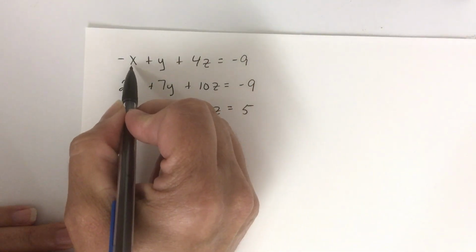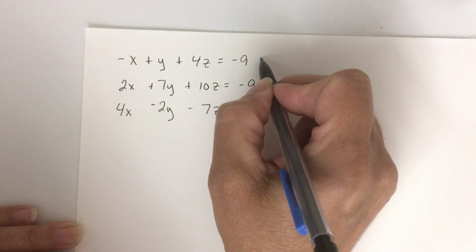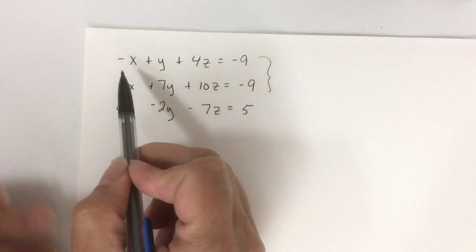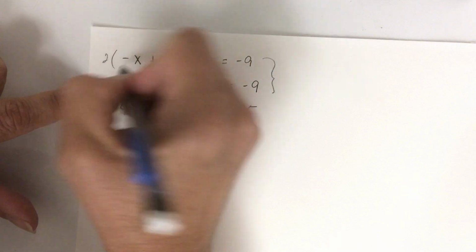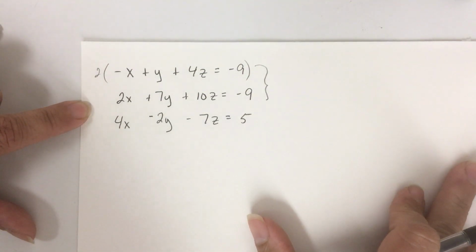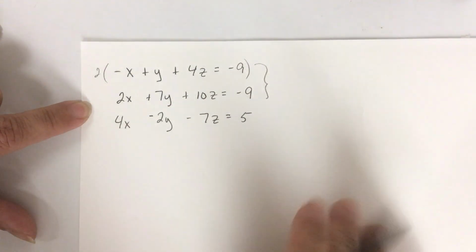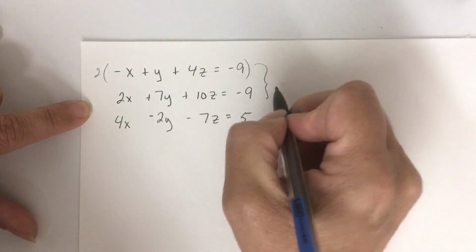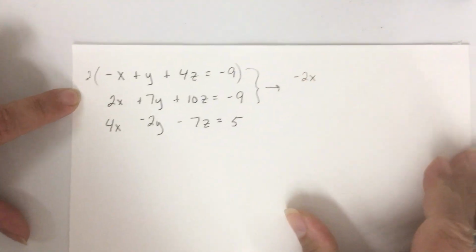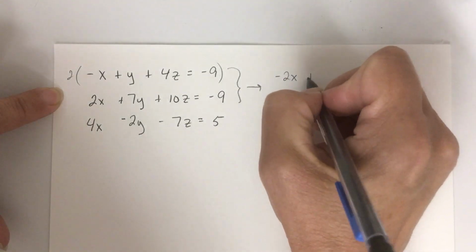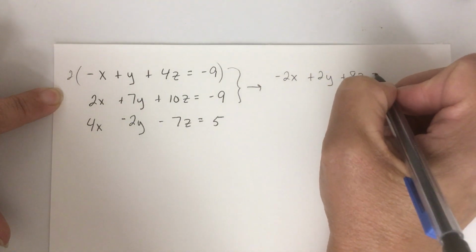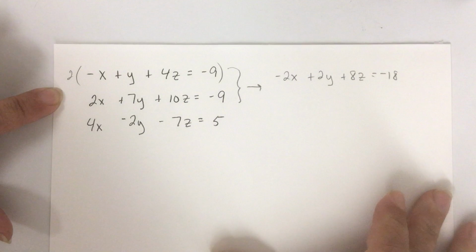So if I pick x, I'm going to get rid of the x's, but I'm going to multiply this top equation by 2. It's really important for you to write your steps out here and to stay organized as you're working. So these 2 equations are going to come over here, and they're going to become -2x plus 2y plus 8z equals -18.